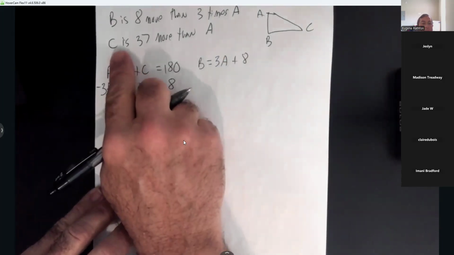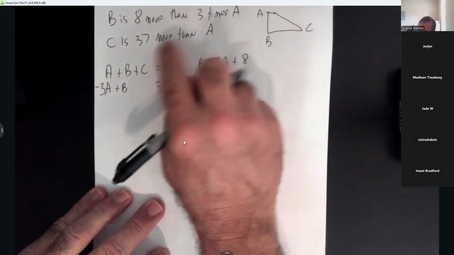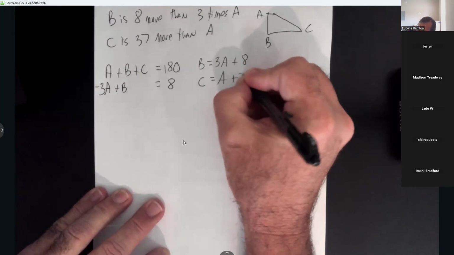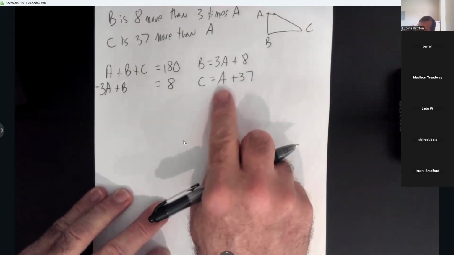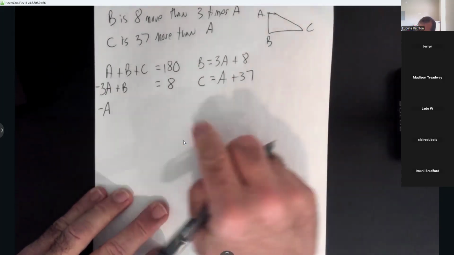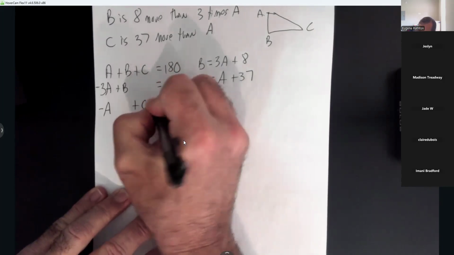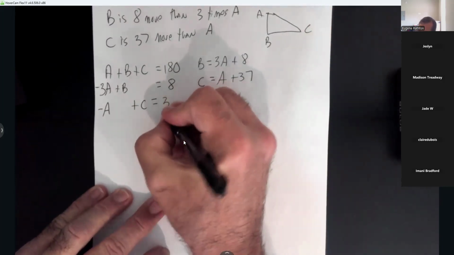And then this one said C is 37 more. So C equals A plus 37. All right, so that one I need to move the A over by subtracting. So that is going to give me a negative A. There's no B, but it's got a plus C. And that one will equal 37.